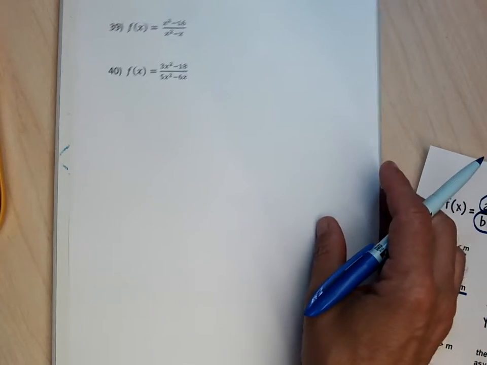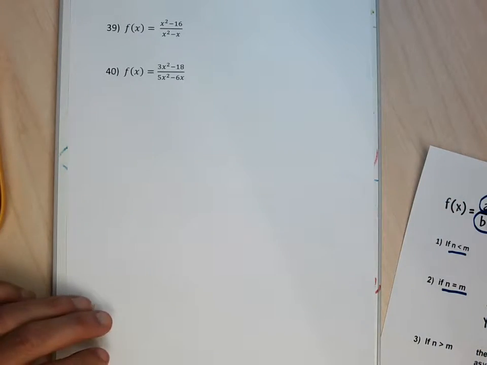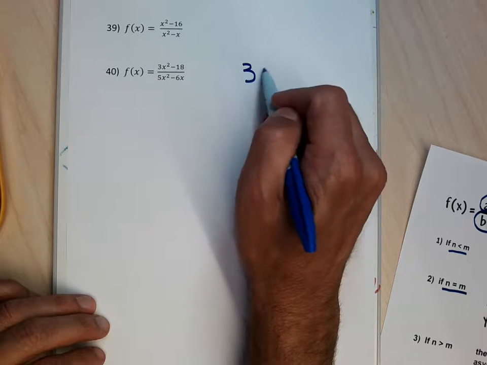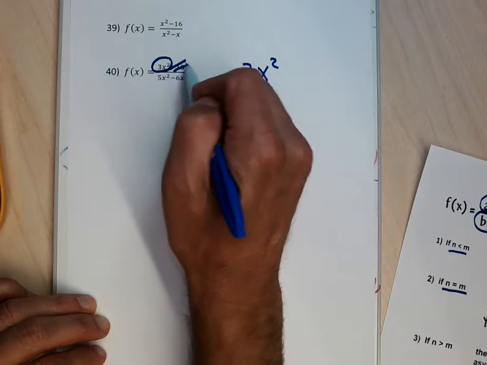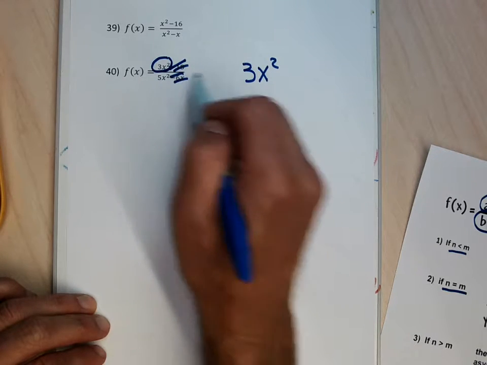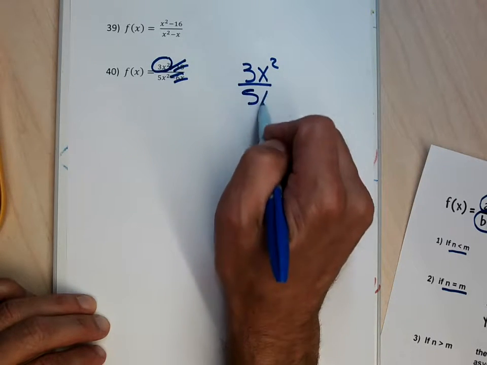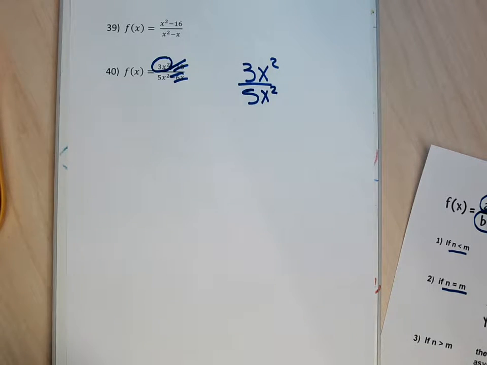I'll move on to 39 and 40. And in 39 and 40, I'm just looking at, in the numerator, the term with the highest power of x, ignoring the rest of the numerator. In the denominator, the term with the highest exponent of x, ignore the rest of the denominator.